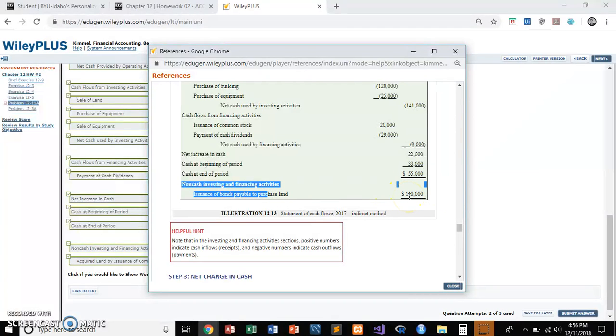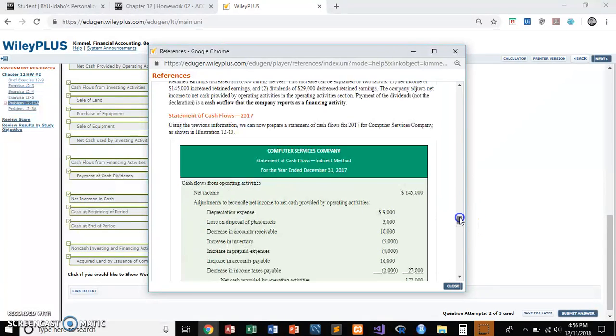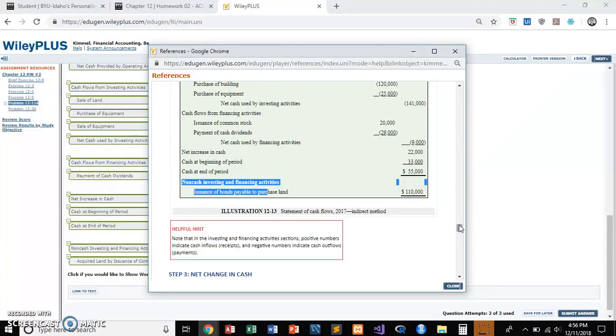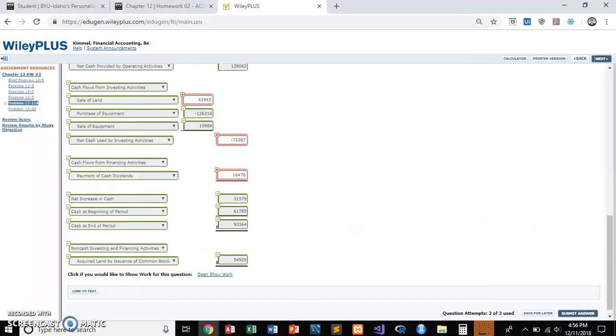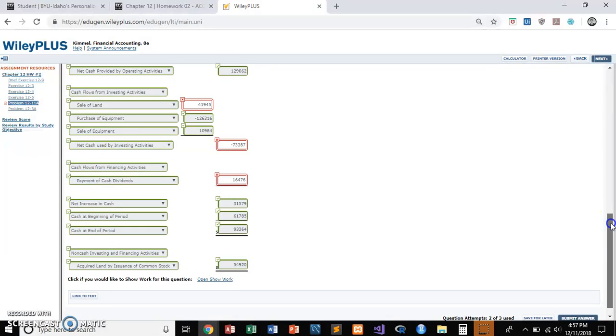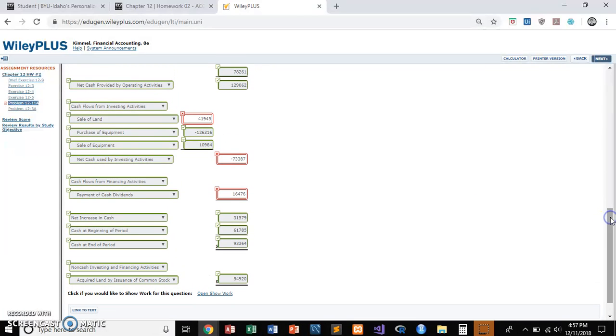But that goes after all these other sections because it's not included in the net increase in cash, since it's non-cash activities. We're going to record our acquired land by issuance of common stock because there wasn't any cash involved in that transaction. So there's that for you guys. If you want to comment and let me know what I'm doing wrong here, I would really appreciate that.